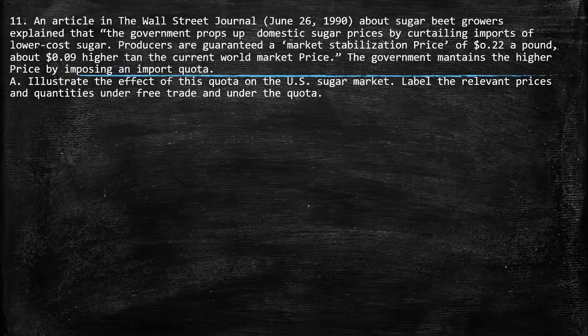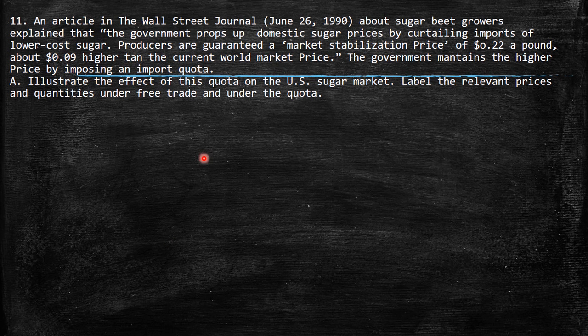So 11. An article in the Wall Street Journal about sugar beet growers explained that the government props up domestic sugar prices by curtailing imports of lower cost sugar. Producers are guaranteed a market stabilization price of 0.22 cents a pound, about 0.09 higher than the current world price.